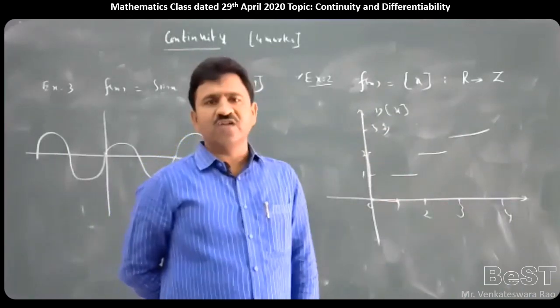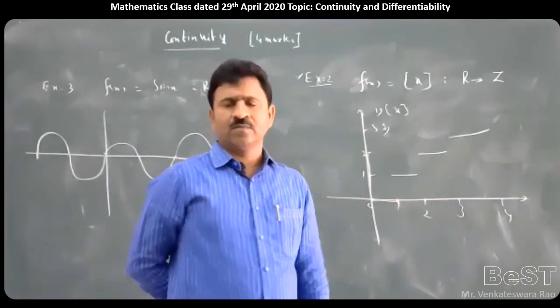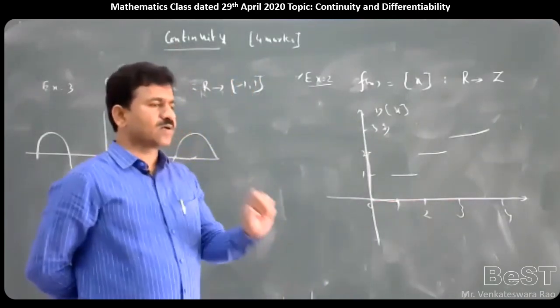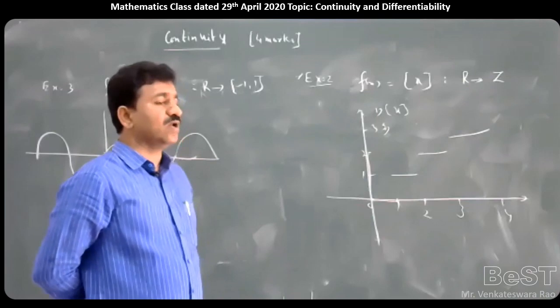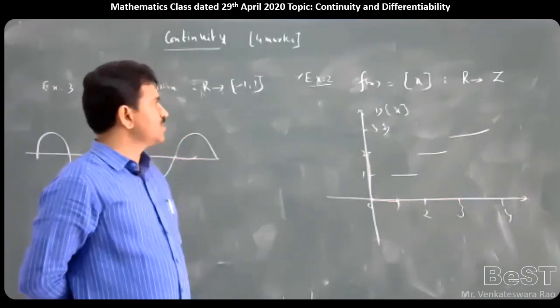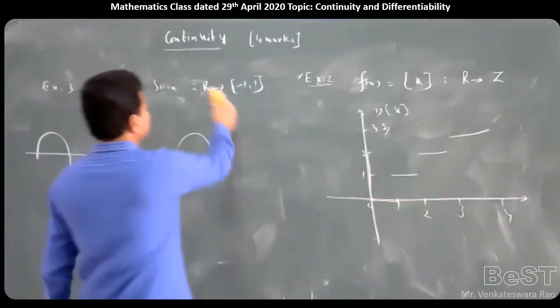Constant function is continuous on R. So while solving the problems, we'll follow these examples and properties.